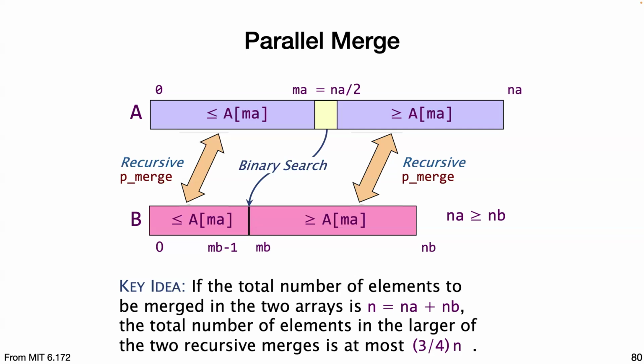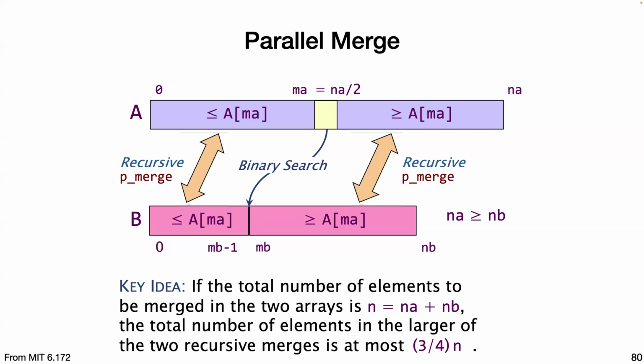The proof is more complicated, but basically you want to show that with this cutting scheme, the number of elements decreases by some constant factor every time. In that way, we can bound the height of the recursion. Indeed, there is a worse case where we take the midpoint of A, and then maybe only one element in B is less than that midpoint, or even none of them are less than that, and all the rest are greater than the midpoint, or vice versa.